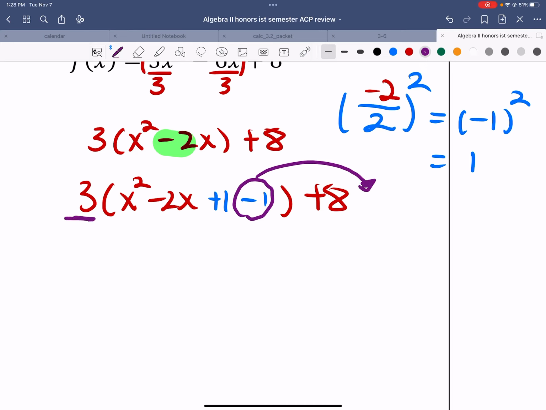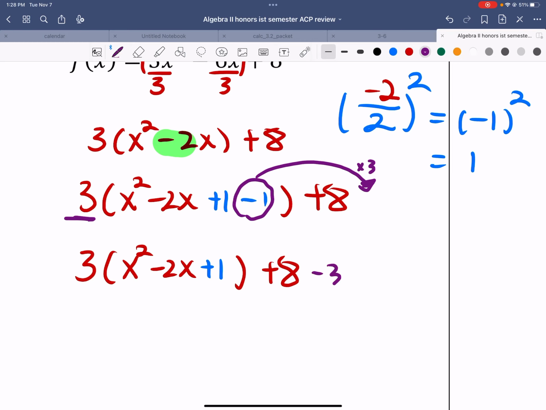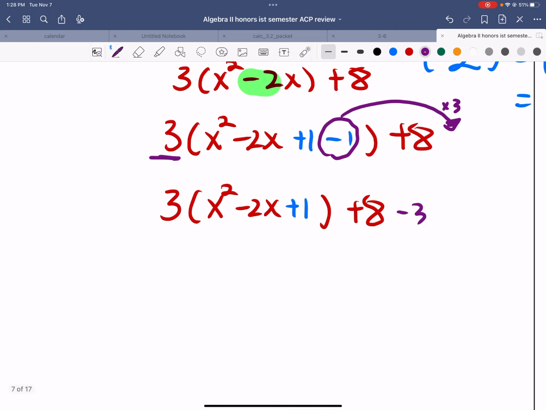There's a 3 in front of the parenthesis, which means when you are taking this one out, you gotta multiply by this number, which is 3. So you get 3 times x squared minus 2x plus 1, plus 8. And negative 1 times 3 is gonna be negative 3, like that. It's very easy, right?